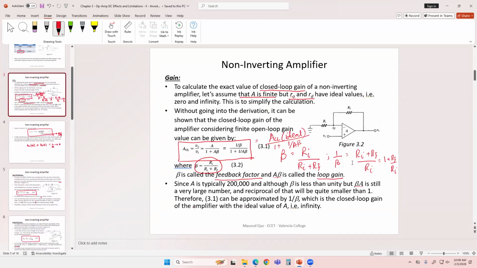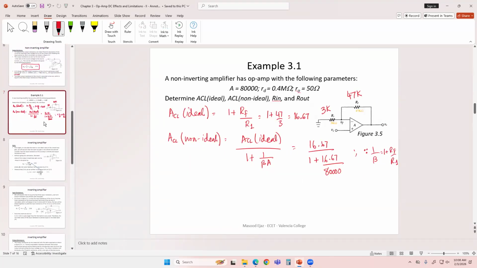That's what we saw here. 1 over beta is 1 plus RF over R1. What is the result? Yeah, it's the same thing, right? So 16.667 or 16.7. So there is really no difference between the two. If you round this off, it's going to be 16.67.